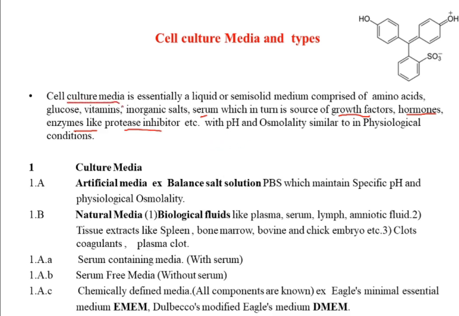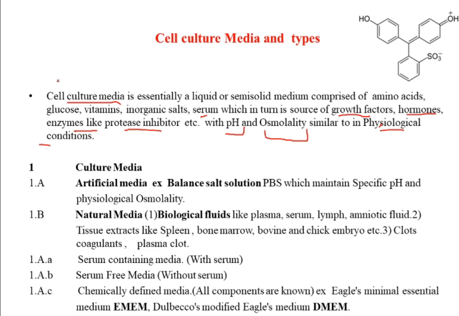And besides this, the culture media is having a specific pH range with a specific physiological osmolarity which is similar to the physiological condition, because when you isolate a cell from the organism and you culture it in vitro, you have to provide all the things which are required by the cell to grow and divide.